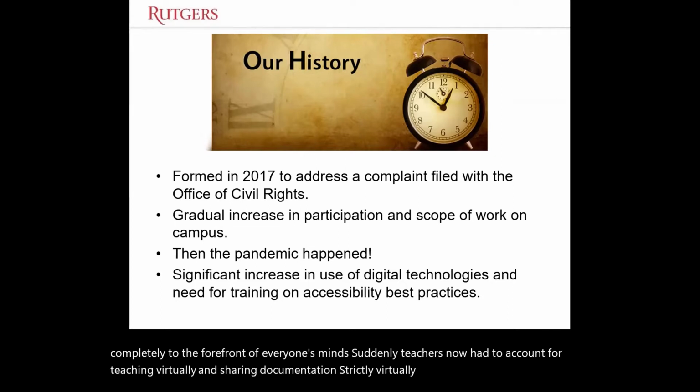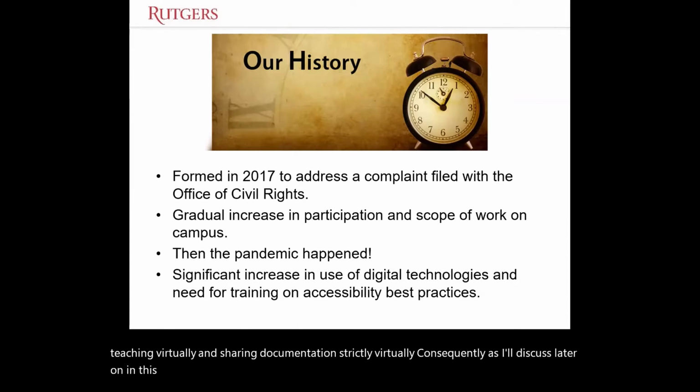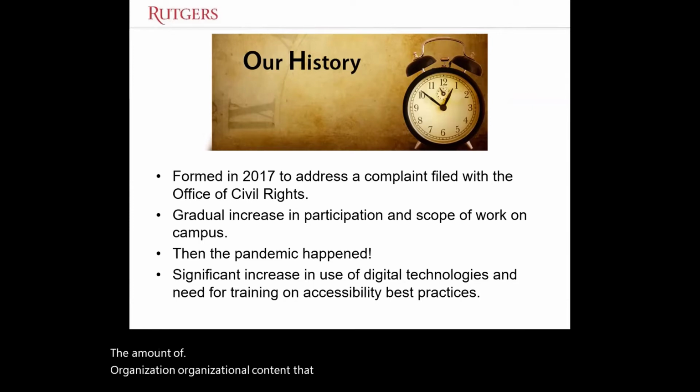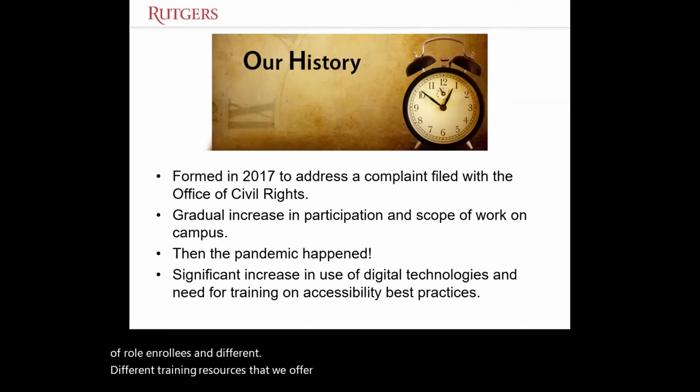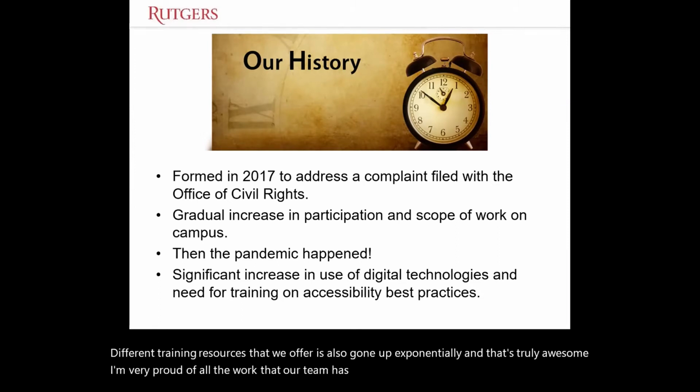Consequently, as I'll discuss later on in this presentation, our training attendees have skyrocketed. The amount of organizational content that we've had to audit has also skyrocketed. The number of enrollees in the different training resources that we offer has also gone up exponentially, and that's truly awesome. I'm very proud of all the work that our team has done in that regard to get those numbers up.